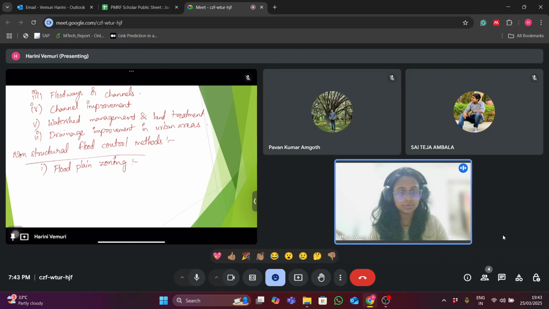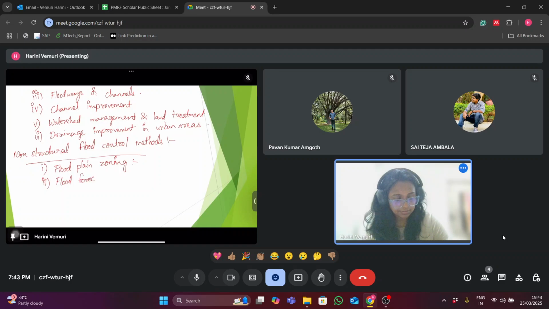Okay, so like this we will have fixed restrictions that can be applied for the floodplains. Then, using flood forecasting and warning: if we know how much of a flood can occur and at what time, we can apply mitigation measures, and we can use these predictions effectively by giving warnings also, right?